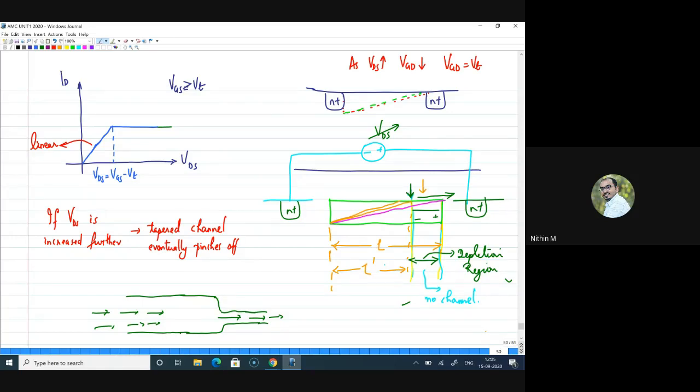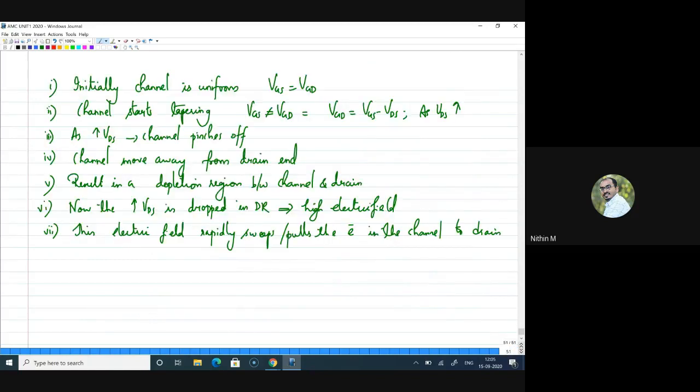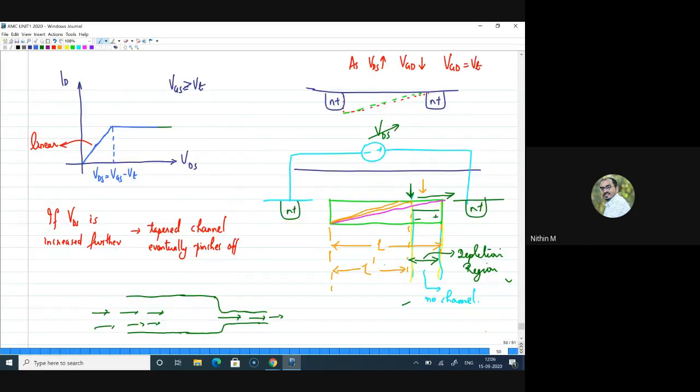This proportion can be anything: on the ID-VDS graph, with VDS on the x-axis and ID on the y-axis, the current can take any slope depending on what VGS you are applying.